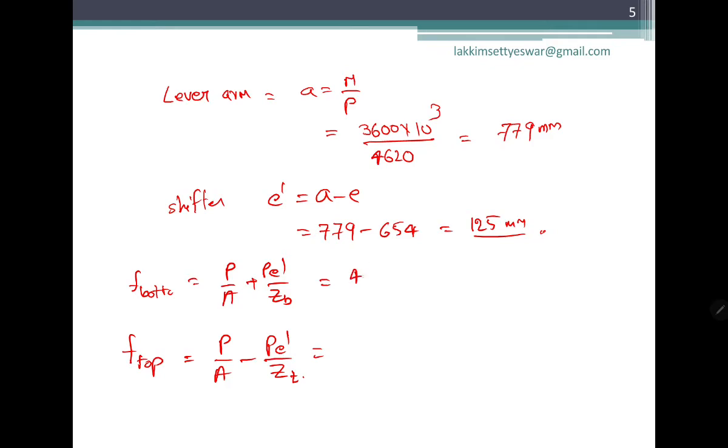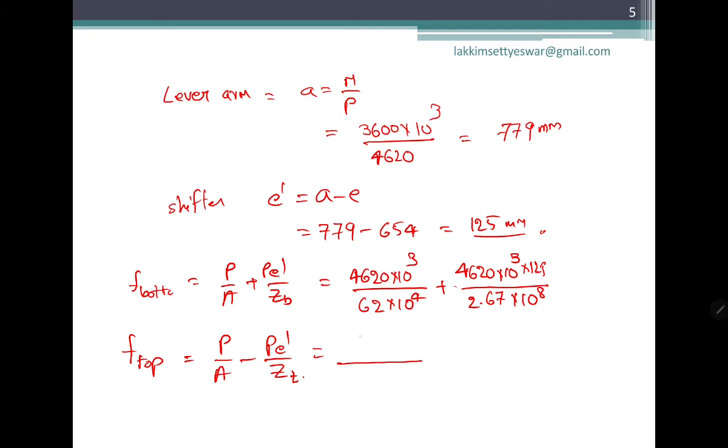P is the pre-stressing force: 4620 into 10 cube divided by area 62 into 10 power 4, plus 4620 into 10 cube into 125 divided by 2.67 into 10 power 8, and for the top, 4620 into 10 cube divided by 62 into 10 power 4 minus 4620 into 10 cube into 125 divided by 2.02 into 10 power 8.